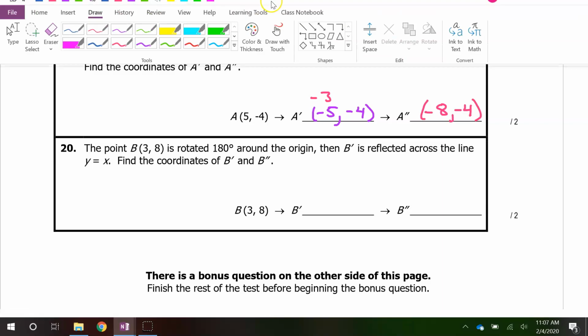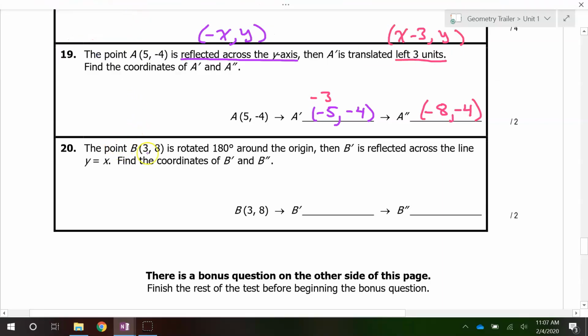So let's try that again. Let me switch back to purple. So we're going to rotate 180 degrees around the origin. So the rule for that is opposite of x, opposite of y. That's the rule for 180 degrees. So let's do that. Opposite of x is -3. Opposite of y is -8.